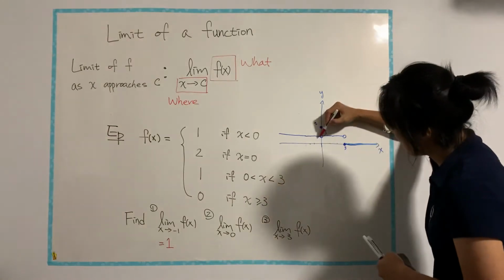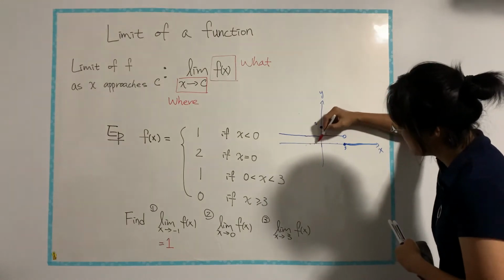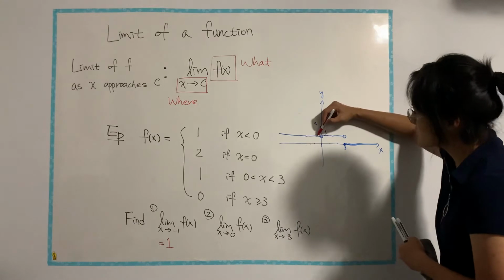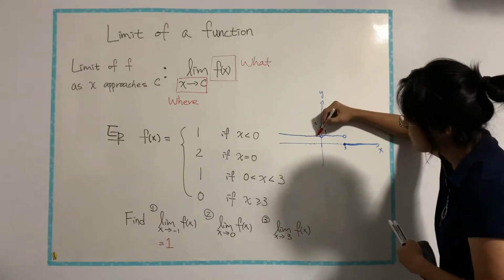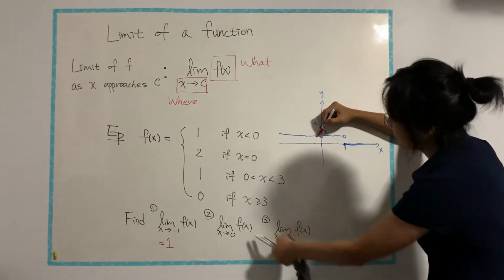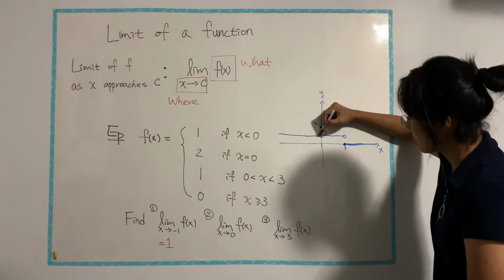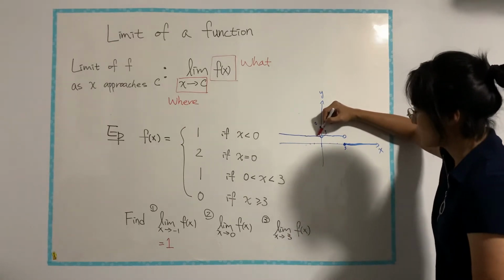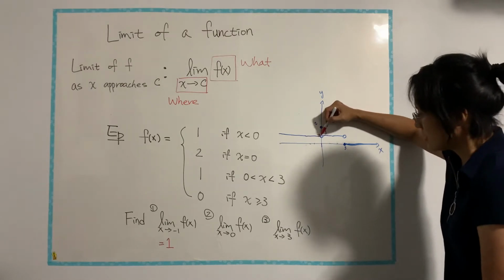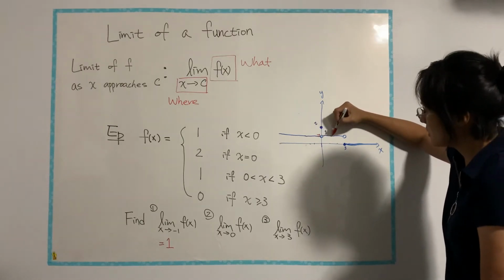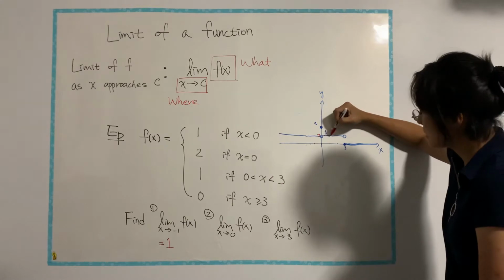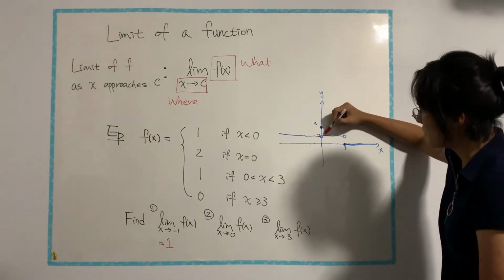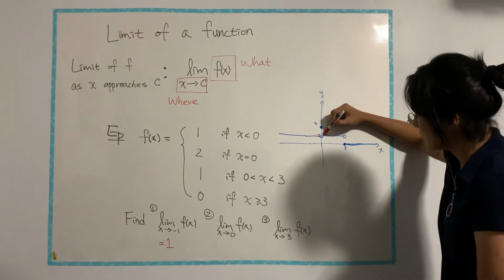So let's start from the neighbors on the left hand side of 0. So that's here, right? You can see that on the left hand side of 0, all the output values are 1. So 1 here, doesn't matter how close you are, it still stays 1. Similarly, on the right hand side, I have output value 1, output value 1, so I just keep traveling.